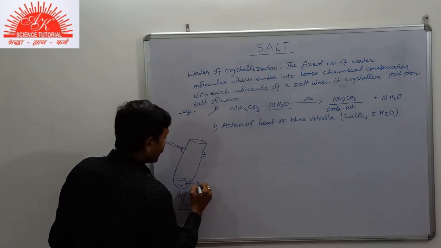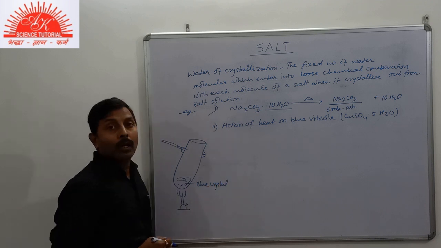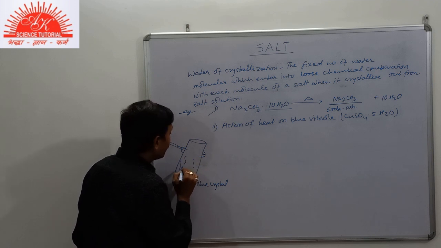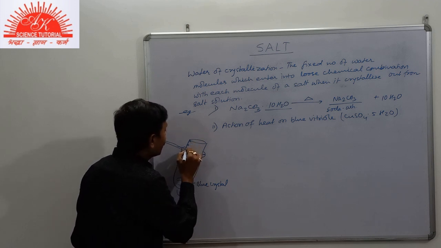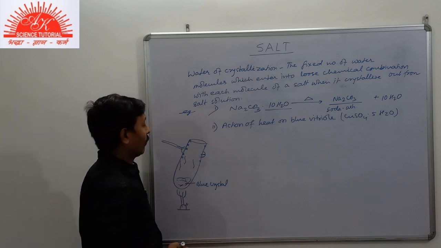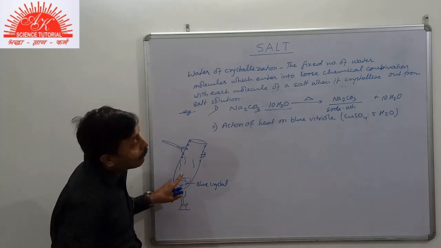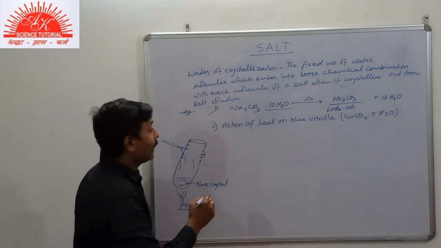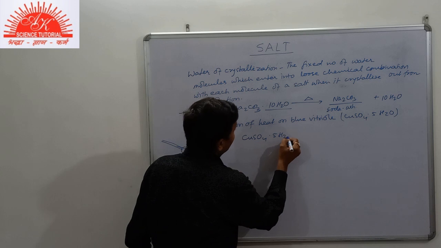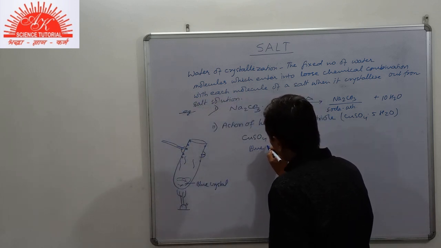This was initially a blue crystal. When it is heated, we see that vapors come out of it, and on its cooler part liquid droplets get deposited. After that, a white residue will be left behind, that is CuSO4. Before heating, it is CuSO4.5H2O, a blue crystal.